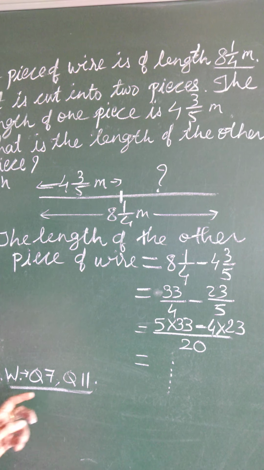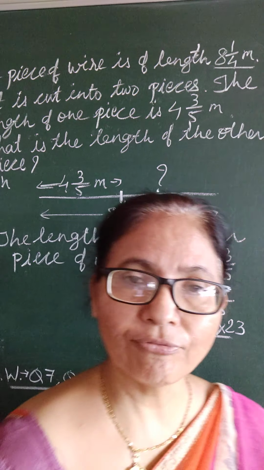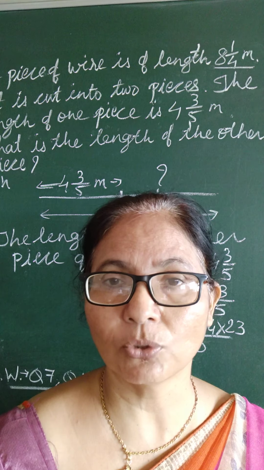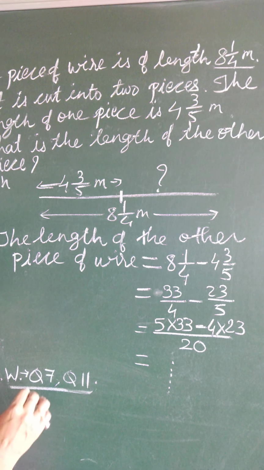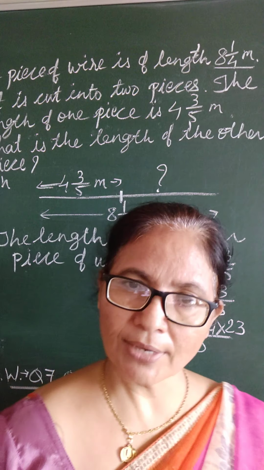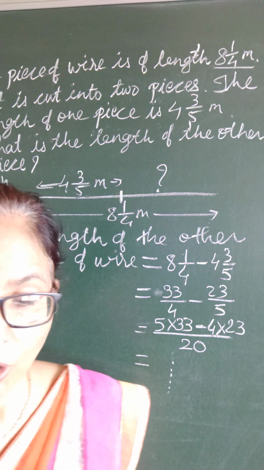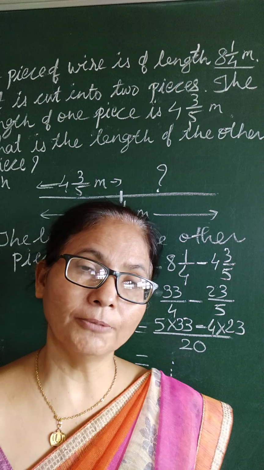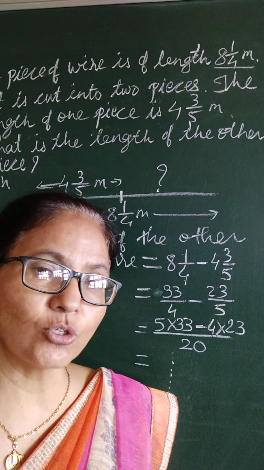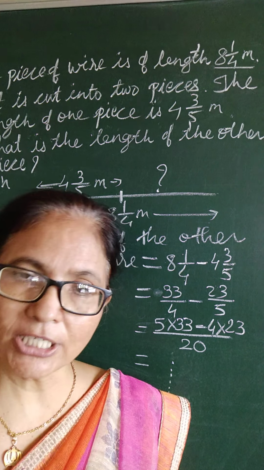Now see children, I have given the homework that you have to complete the left steps of questions 6 and 10, that you will write. And your homework is question number 7 and question number 11. Now in question number 11, what is given to you? You are given the length of the 3 sides of a triangle, and you have to find its perimeter.